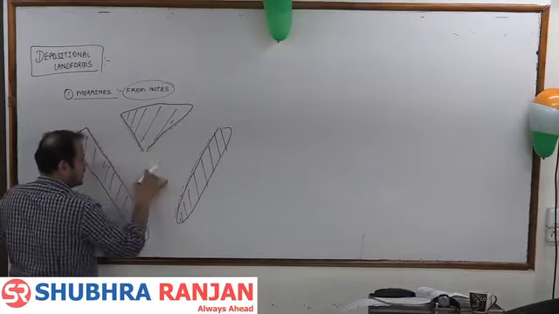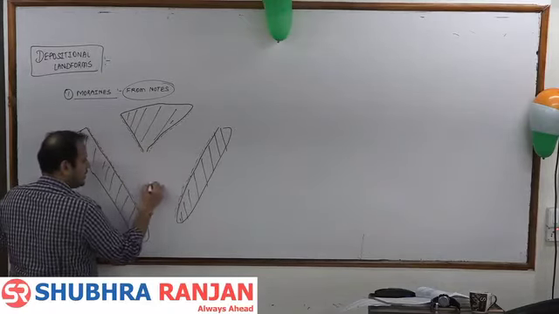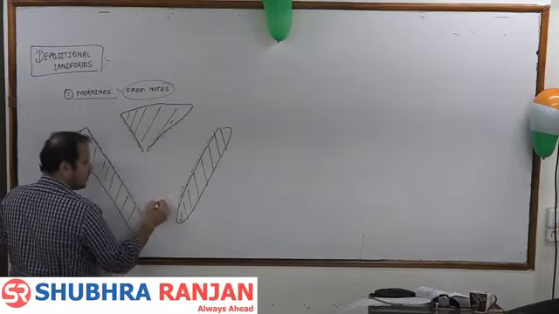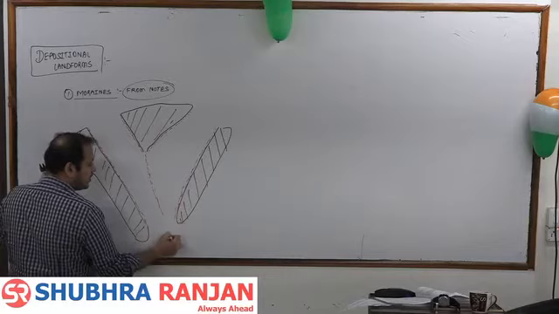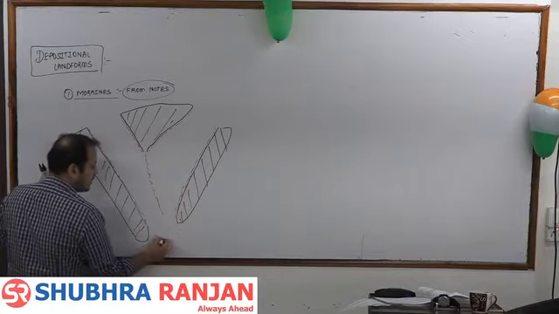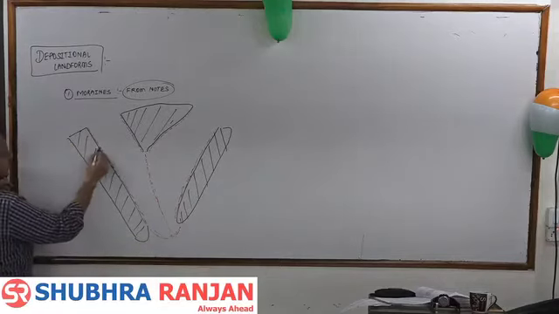If this is a glacier and this is a glacier, and both join together, the sediments in the middle will be there but fewer. And ultimately, when the glacier ends, the sediments will collect like this. So remember, just remember the diagram.